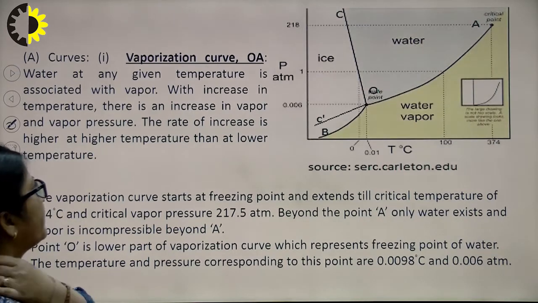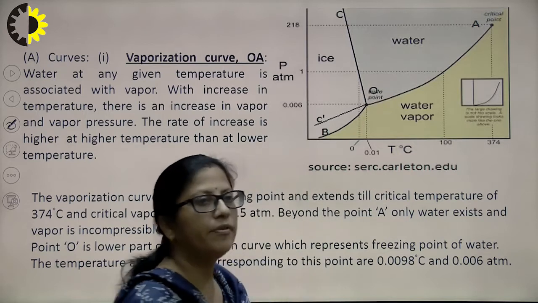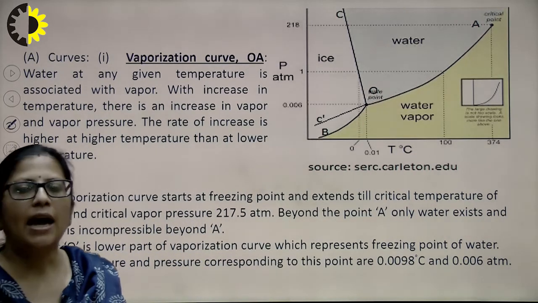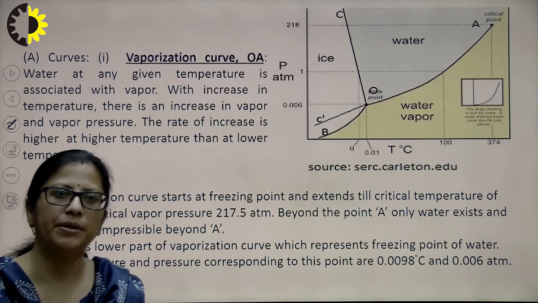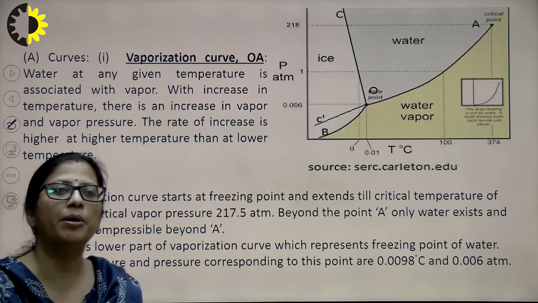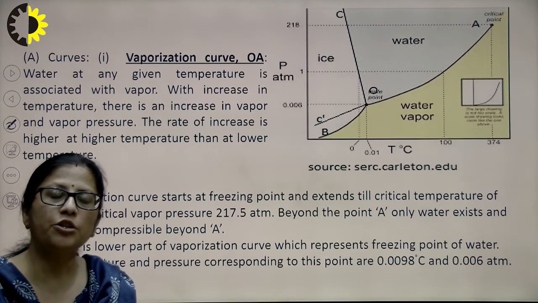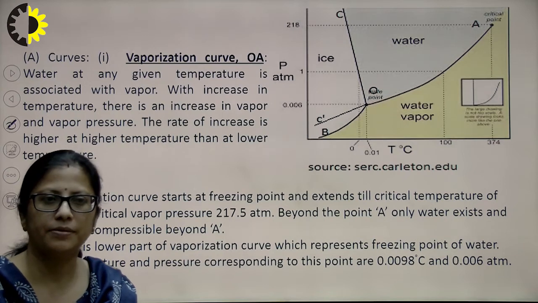So, as I was discussing, this OA is the vaporization curve, and water at any given temperature is associated with vapor. With an increase in temperature, there is an increase in vapor pressure, and the rate of increase is higher at higher temperature.